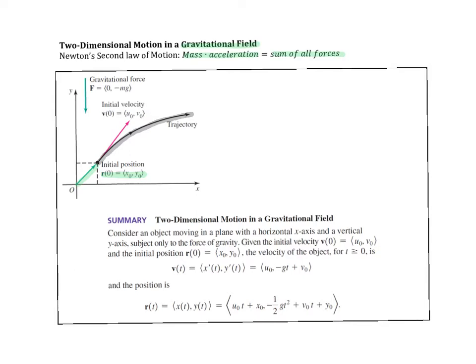So at that initial position, we're going to have our initial velocity, v of 0, which we'll call u sub 0, v sub 0. Since the only force acting upon our object is gravity, our force vector is a downward vector, which would be ⟨0, negative mass times gravity⟩, or negative mg.